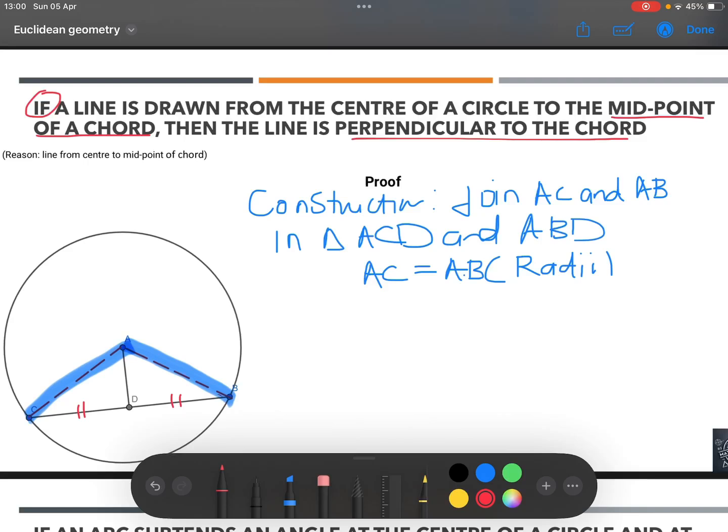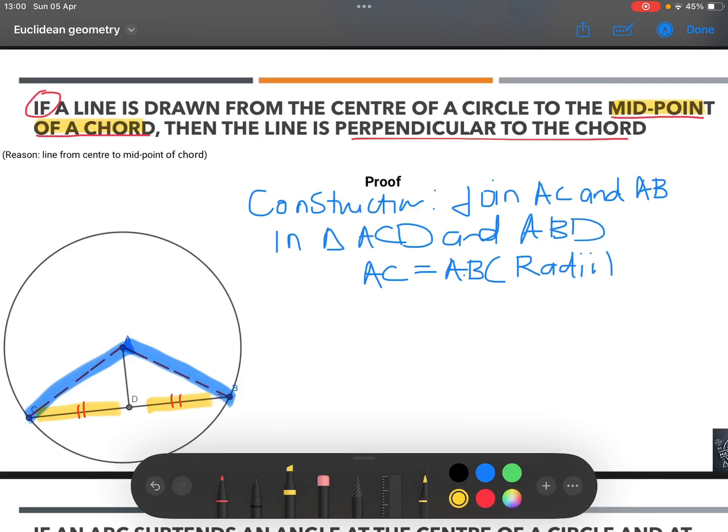And then again, we have CD and also BD. Remember, in the statement, they said to the midpoint of the chord, to the middle of the chord.